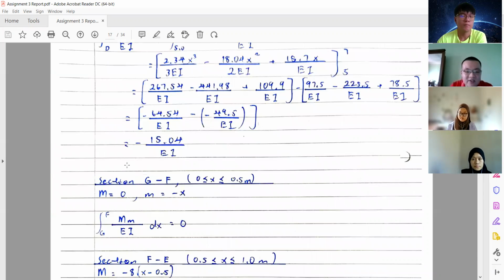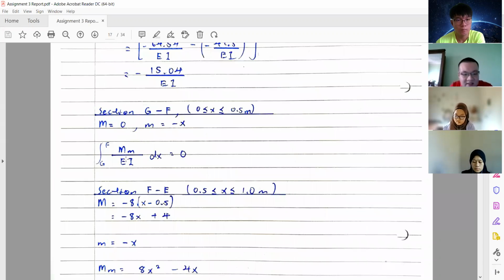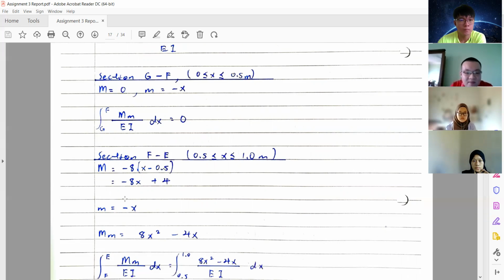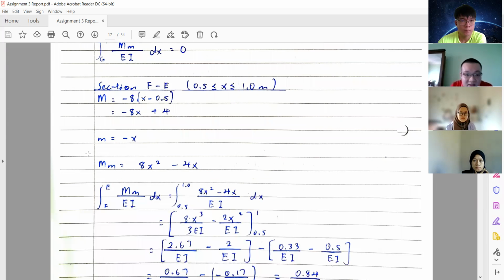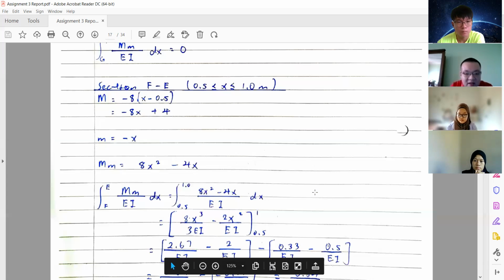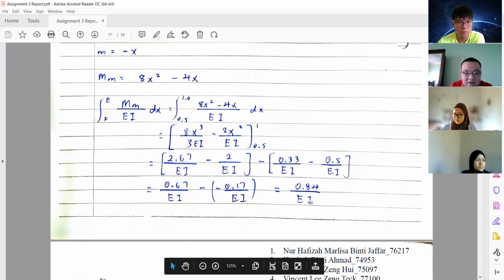Then we proceed to section G and F. This part is also 0 because at this part the real moment is 0, so it directly gives 0 displacement. So we directly proceed to section F and E, finding both moments and then calculating the displacement by using the integration method.